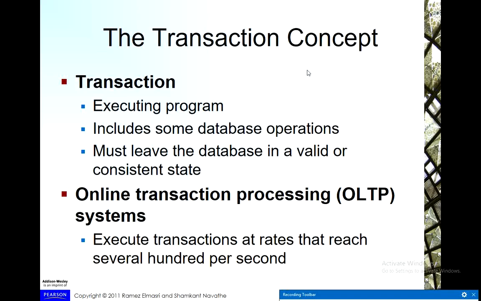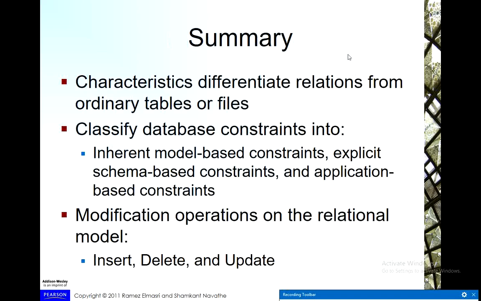So it has to be executed at a rate of several hundred per second, so that it will leave the database in a consistent state. So this is the last concept that I wanted to talk about, and this one concludes our coverage of chapter 3.